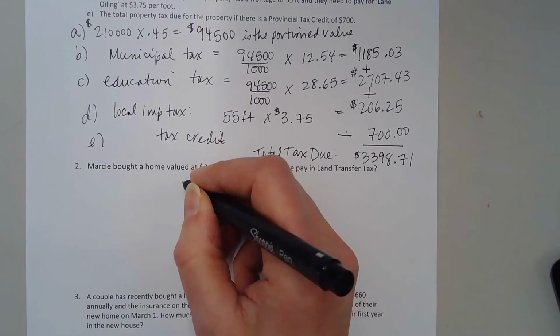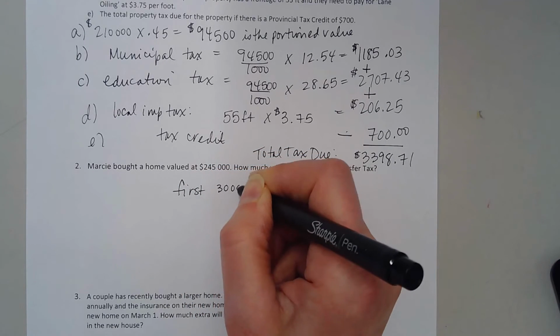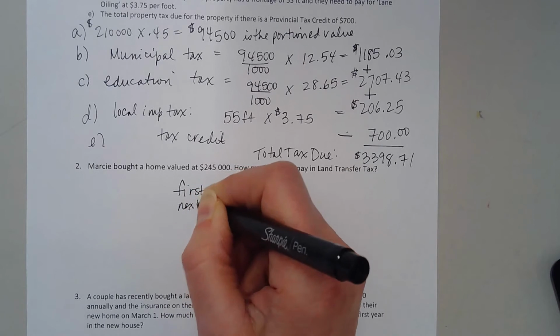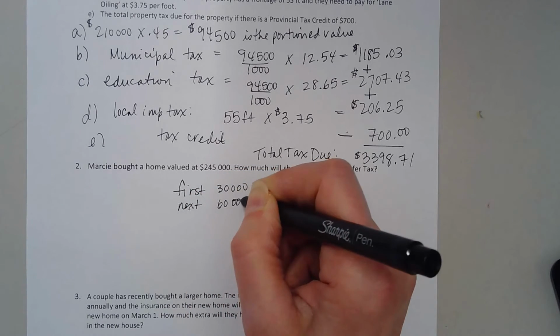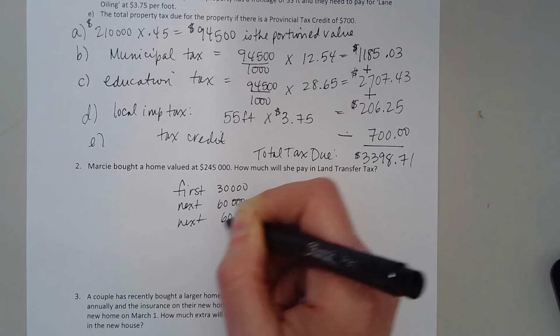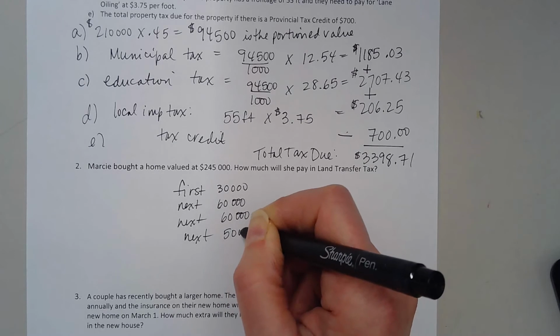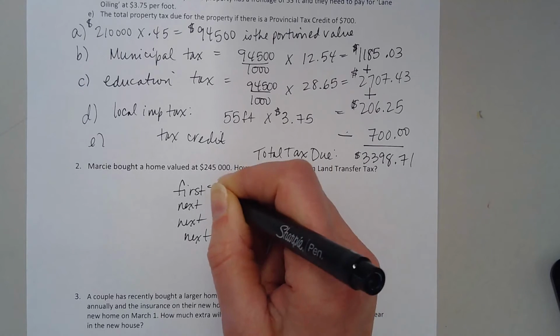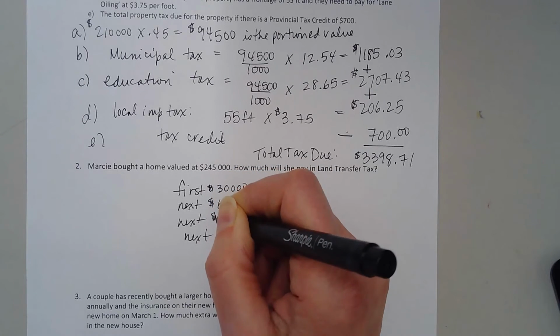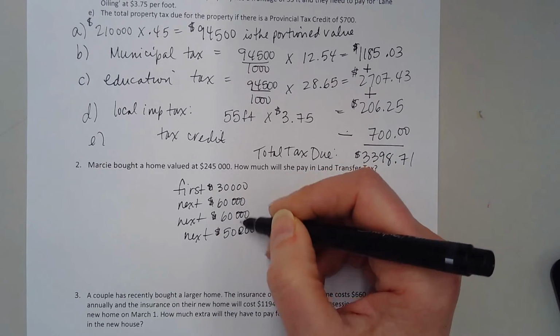So I'm just going to start my first 30,000. I know for sure I need that. I need my next 60. I need my next 60. And I need my next 50, right? You've done so many of these at this point, right? Or more than a couple anyway. You know that these numbers total up to 200, agreed?